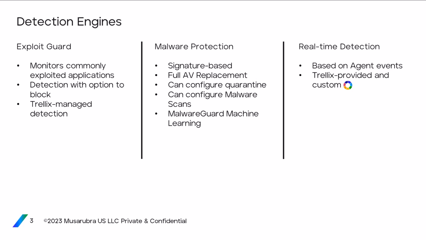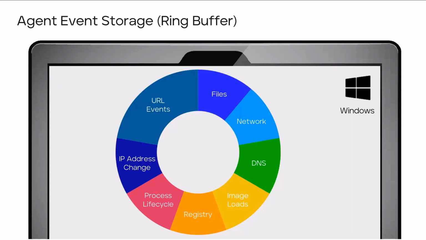Now, this engine will contain rules that are created by our Trellix IR teams and any custom rules that you guys might create in the web UI or via the API. And most of it will be recorded and shown inside of the agent events. In fact, in this next slide, this is our agent event storage.